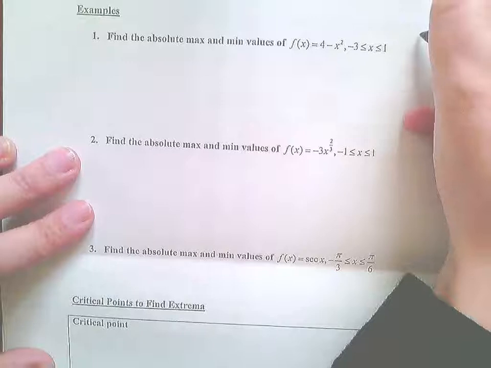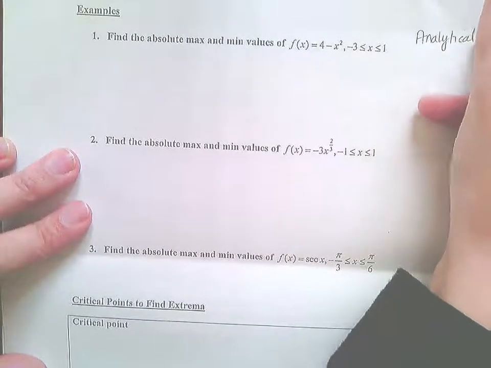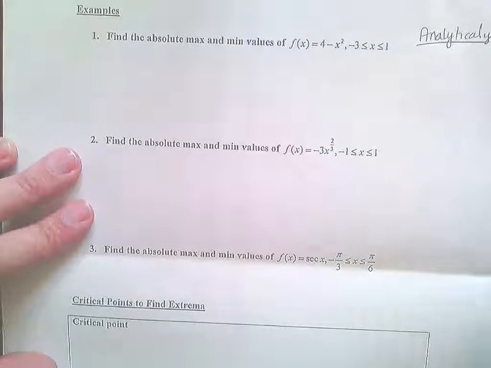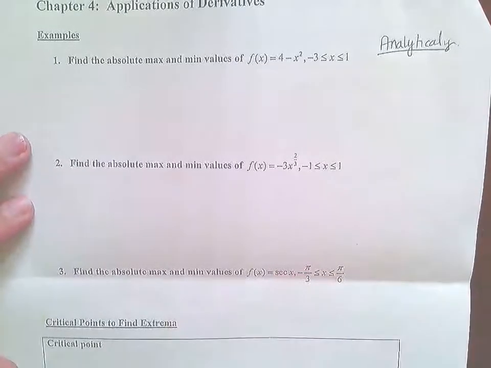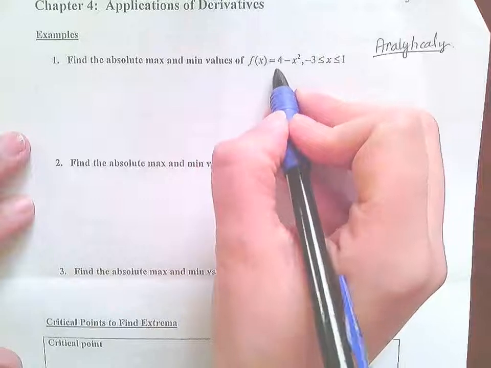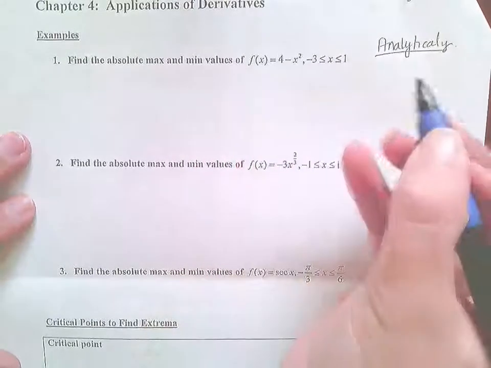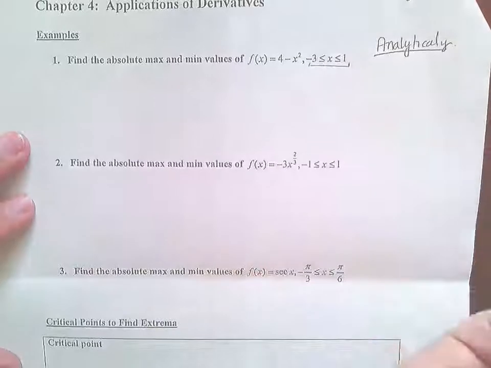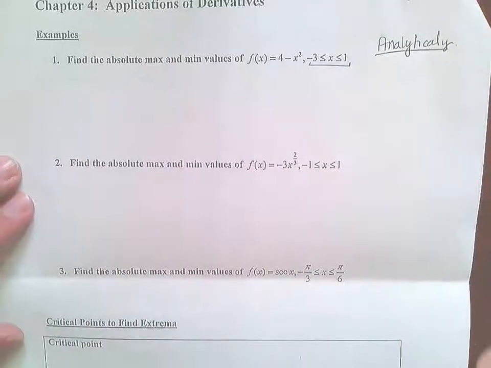We can do it analytically, or graphically. But if you're doing a quiz without a calculator, then you can't really do it graphically. Graphically would be very easy. You would graph this function in the calculator and then find the max and min within this domain. But I'm going to show you how to do it analytically.